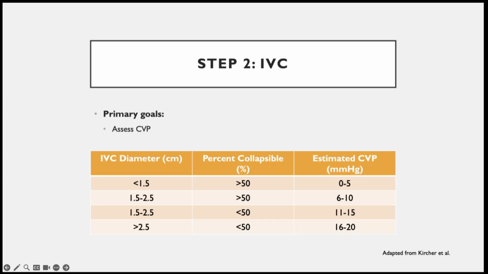If it's less than 1.5 centimeters with more than 50% collapsibility, the estimated CVP is 0 to 5. On the other hand, if your IVC is very plump and the diameter is more than 2.5 centimeters, and it's not very collapsible and you see less than 50% collapsibility, the estimated CVP is between 16 to 20.